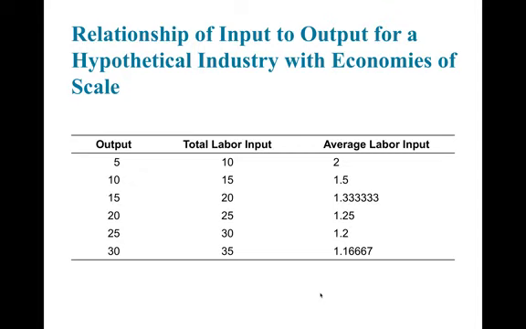If you're producing 15, average labor input is 1.5, again that is 20 divided by 15. And so on. If you look at the third column, average labor input is falling, decreasing as output increases. That is also a representation of the presence of economies of scale in this industry or firm.